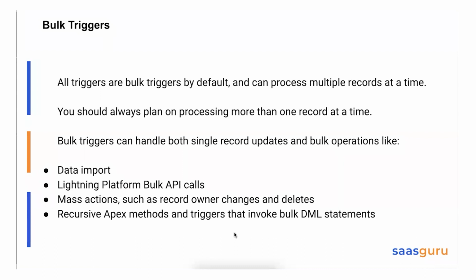So we need to plan that in advance while writing trigger logic, or even when modifying trigger logic, we need to focus not only on the current trigger but also on other related triggers. If an account is updated, then a contact is updated, and then the account is updated again. In this way, we can look at our existing triggers and plan to support bulk triggers.